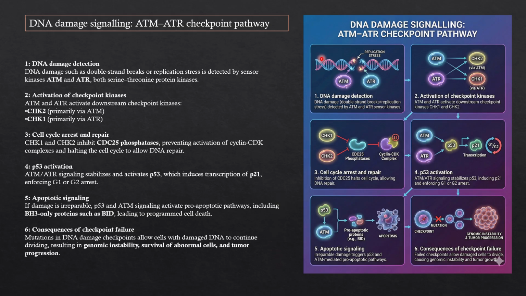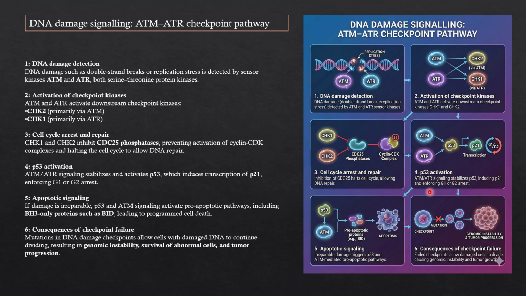Another is DNA damage signaling, or the ATM-ATR checkpoint pathway, where DNA damage is detected by the ATM and ATR sensor kinases in normal conditions. This leads to activation of the checkpoint kinases CHK1 and CHK2, which results in cell cycle arrest and repair through inhibition of CDC25, allowing DNA repair.